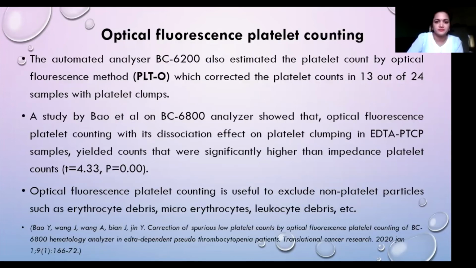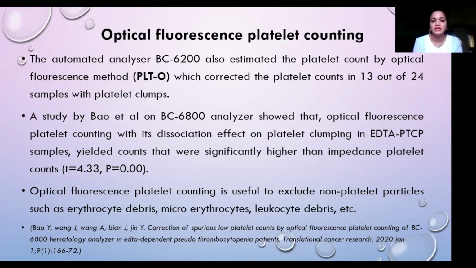This is another additional facility that is there in our analyzer, the automated Mindray BC6200, which also estimates the platelet count by the optical fluorescence method, which corrected the platelet count in 13 samples with platelet clumps. And a study by Bayo et al. on the BC6800 analyzer showed that optical fluorescence platelet counting, with its dissociation effect on platelet clumping in samples of EDTA-induced pseudothrombocytopenia, yielded counts that were significantly higher than the impedance method.